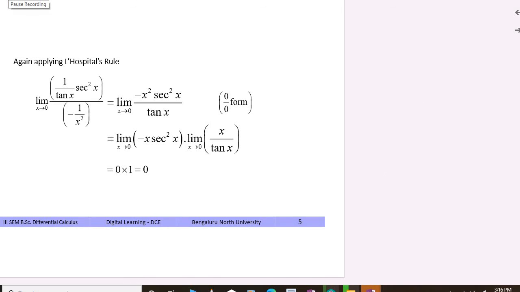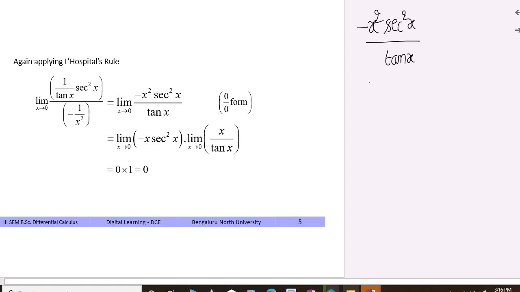Now I am rearranging the terms in the function, that is minus x square secant square x divided by tan x. That is, I am writing x square as x into x, secant square x divided by tan x.